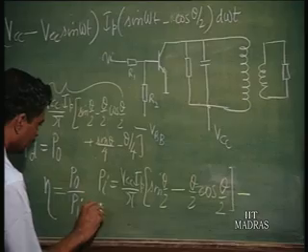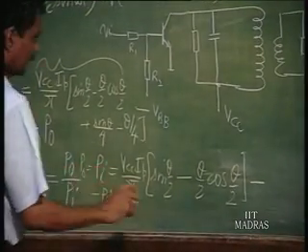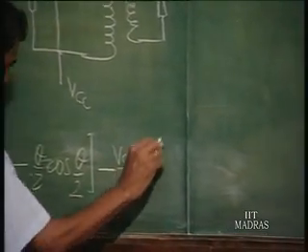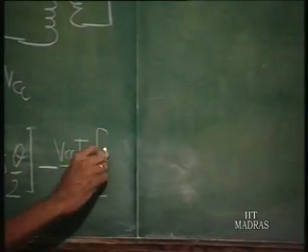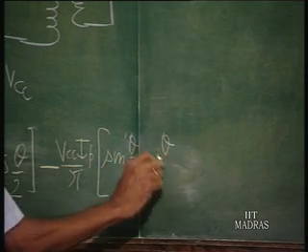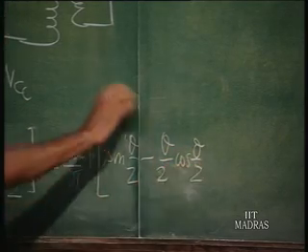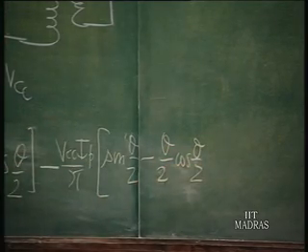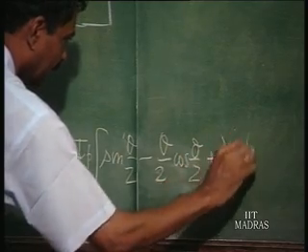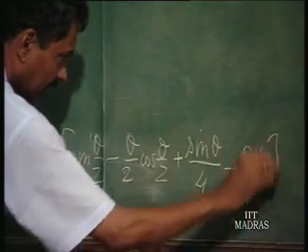So, P I minus P D is P naught. We will put this VCC Ip by pi into sin theta by 2 minus theta by 2 cos theta by 2, which is nothing but power inputted. Now, the extra thing is plus sin theta by 4 minus theta by 4.